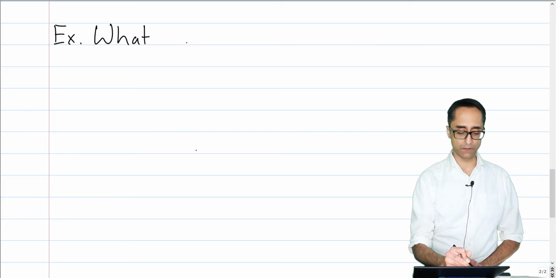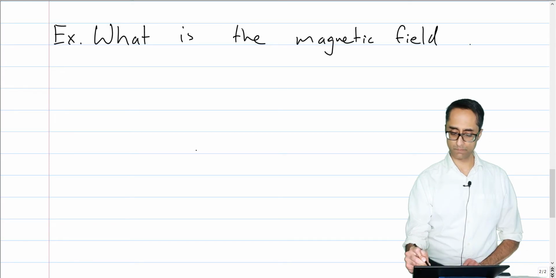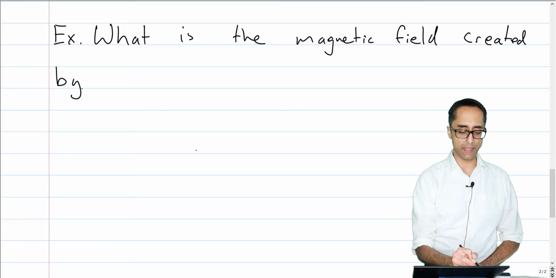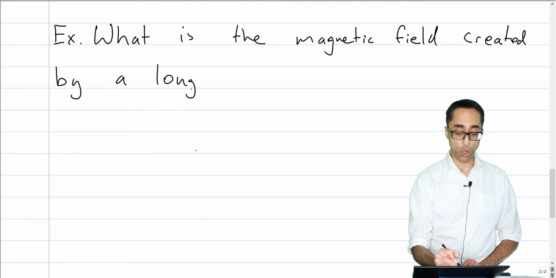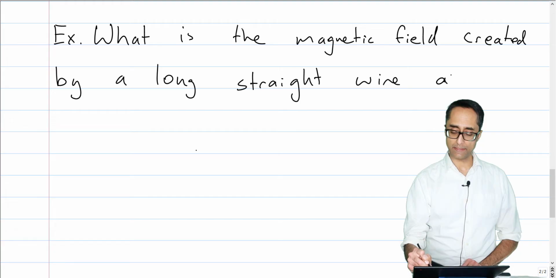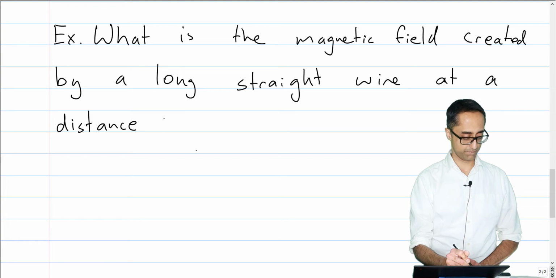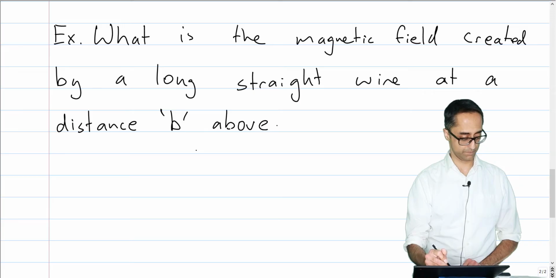So what is the magnetic field created by a long straight wire at a distance b above the wire.